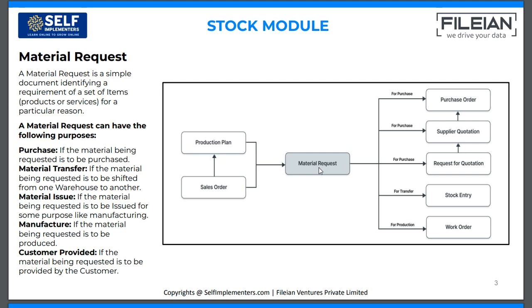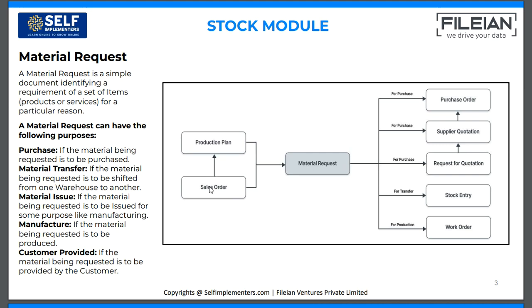Suppose we have some sale order, then this sale order gets converted into the production plan, and then this production plan is made to check for the required raw material to produce a particular finished good for manufacturing purposes.